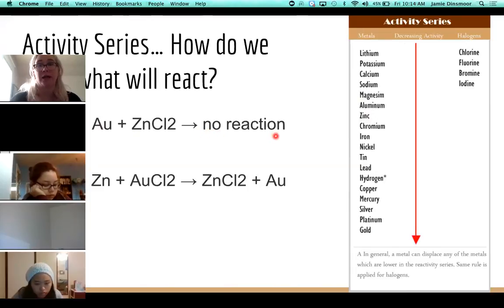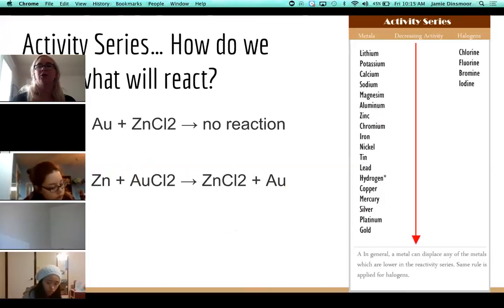Whereas if we have the other situation where we have zinc interacting with gold chloride, right, now we see, well, zinc is higher up on the activity series than gold. That means that zinc could take the place of gold, and it does. So our reaction would happen, and we would end up getting zinc chloride plus gold.